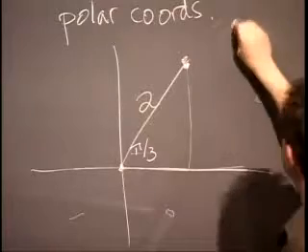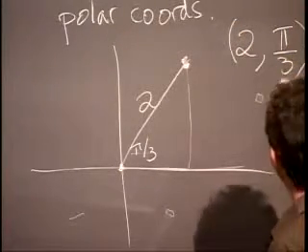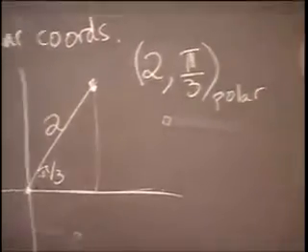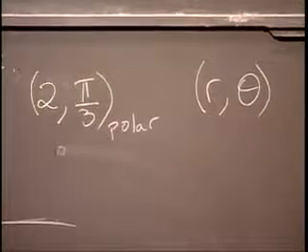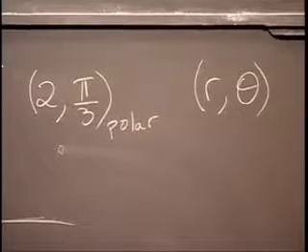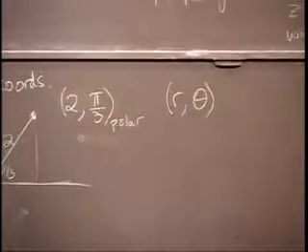And in polar coordinates, we write it as (2, pi over 3), with the understanding, I'll put the little polar just to make sure, that we're going to write (r, theta) in general. So we're always going to put the theta, the angle you have to turn, second, and we'll put the distance you have to walk first, even though, as I've described it, you really do the theta thing first, and then you walk.